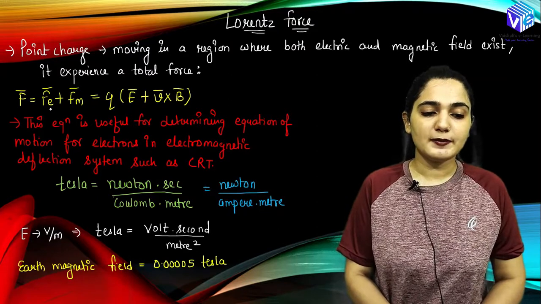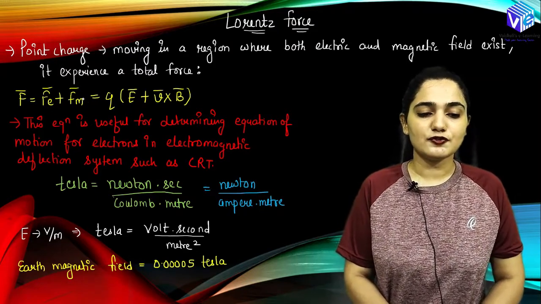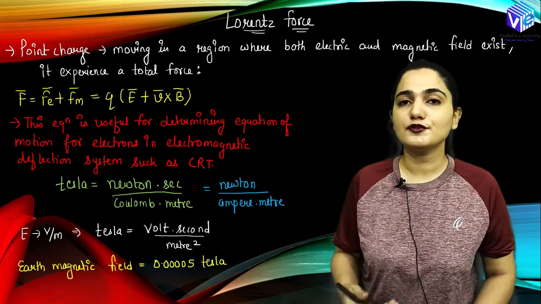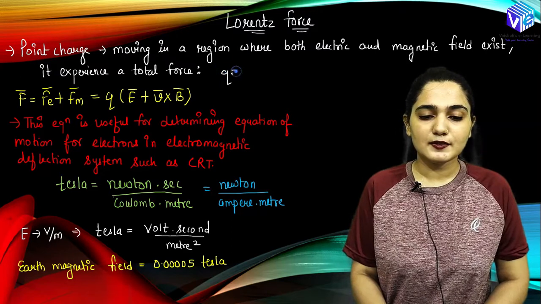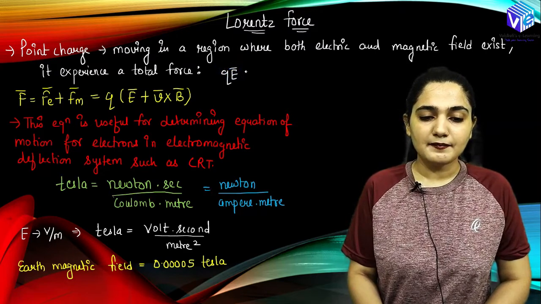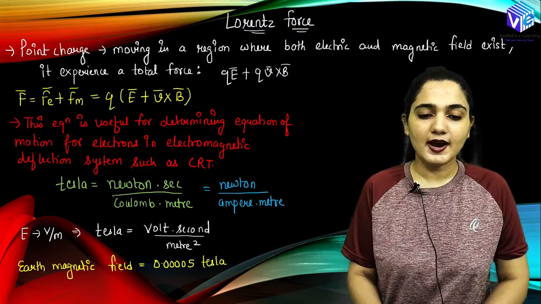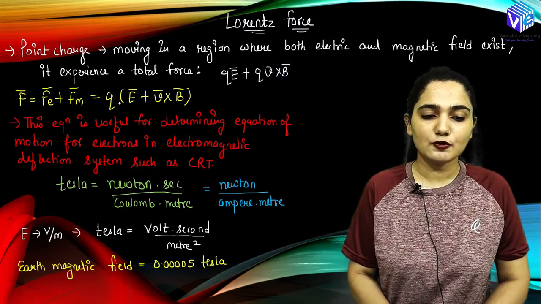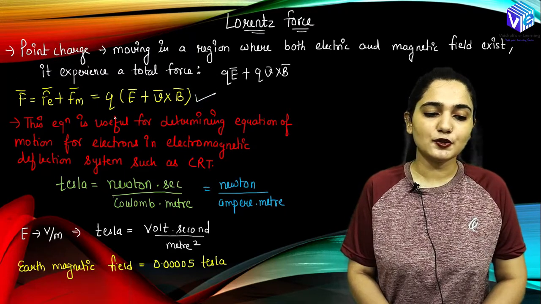So the total force will be equal to Fe plus Fm, force due to the electric field plus force due to the magnetic field. We all know force due to the electric field is QE, right? So Fe is QE and Fm is Q v cross B, right? So now here I can take Q common and I am left with Q times E vector plus v vector cross B vector. So this is the total force.